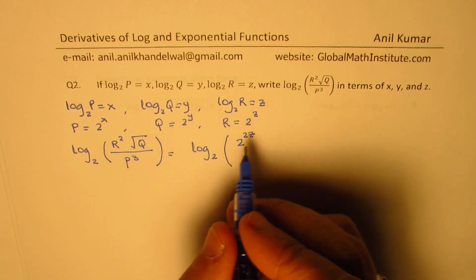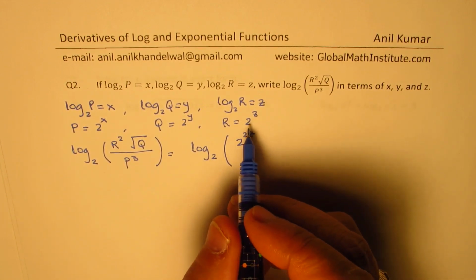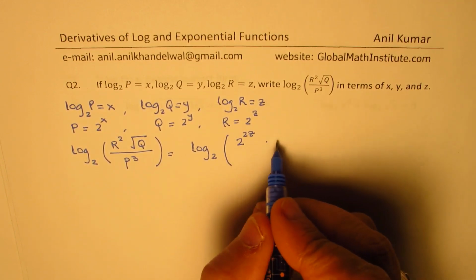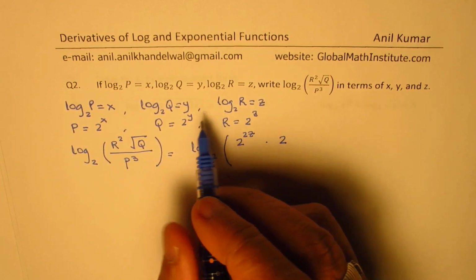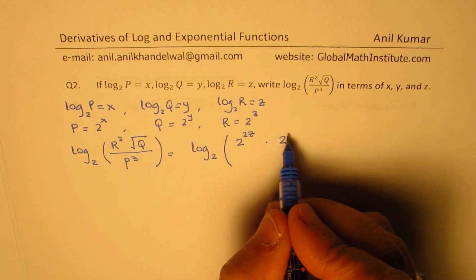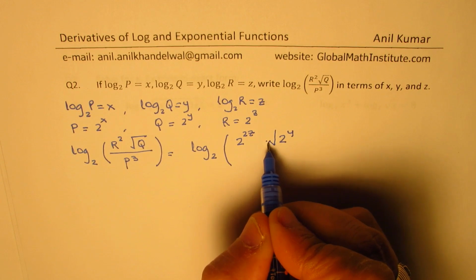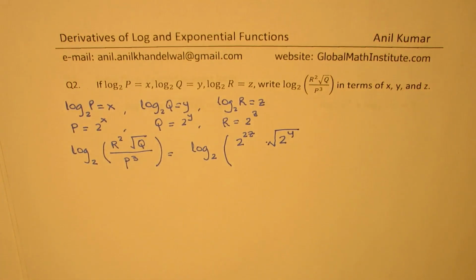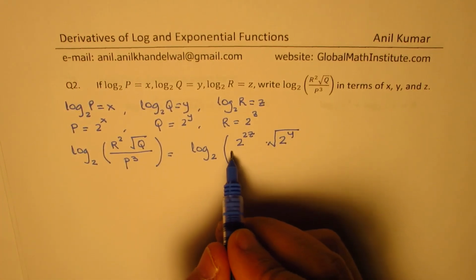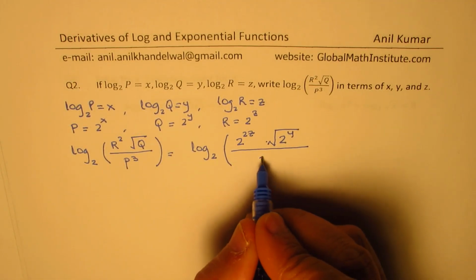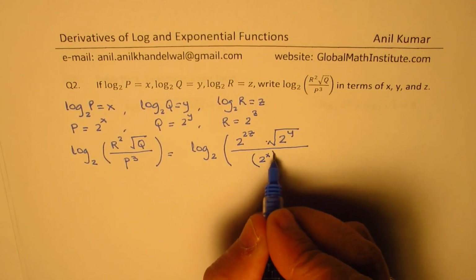Square root of q means the power becomes half, right? So 2 to the power of y by 2. And then we have p cubed, which is 2 to the power of x, cubed.